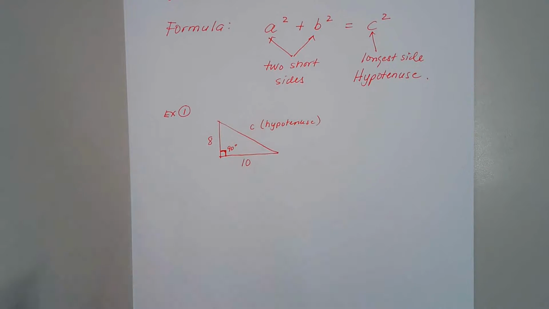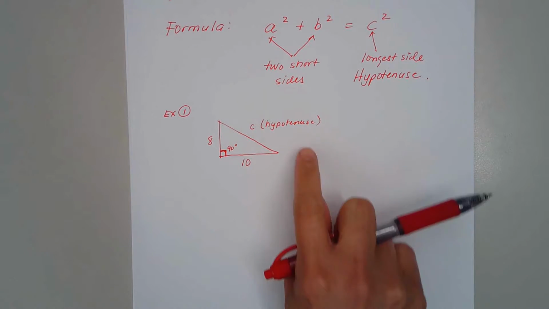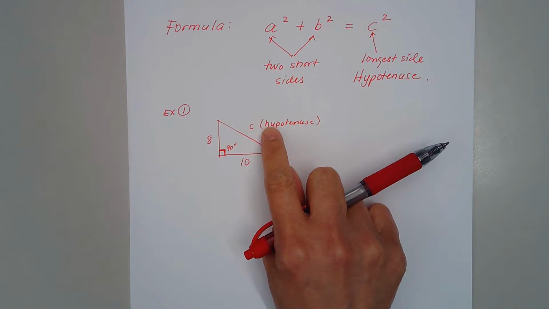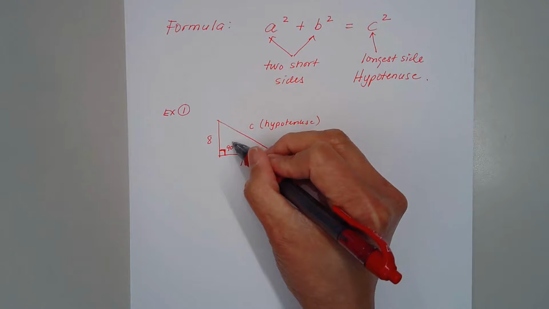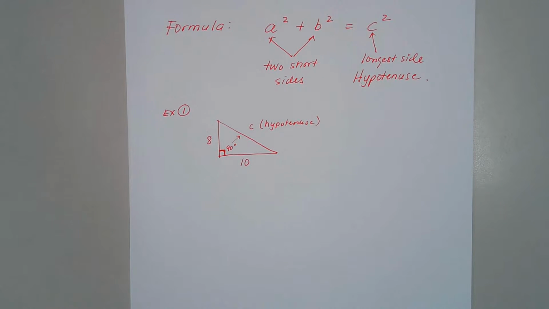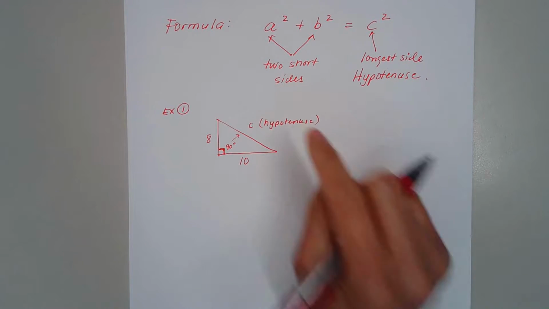So, hypotenuse. How do we know that this is the hypotenuse? Longest. Yeah, across the 90 degrees. Right across the 90 degrees. So that tells us that's where the hypotenuse is.